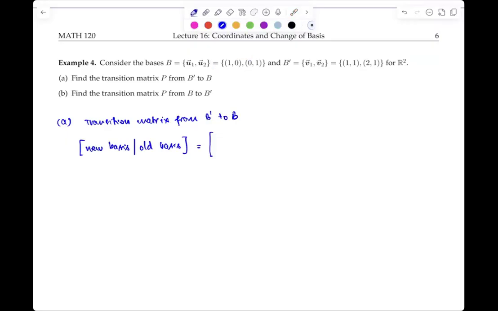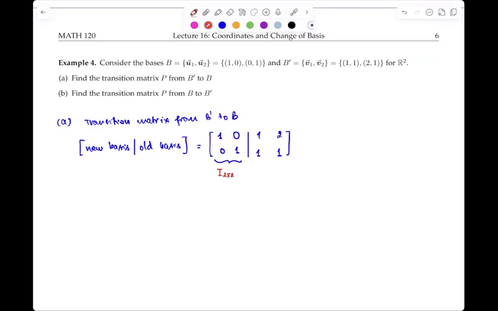So you're going to have (1, 0) and (0, 1), and the old basis is going to be (1, 1). So you put the vectors in columns, right? Vector (1, 1) goes in a column, and vector (2, 1) goes in a column as well. On the left-hand side of the vertical line, you have the identity matrix here, the 2 by 2 identity matrix.